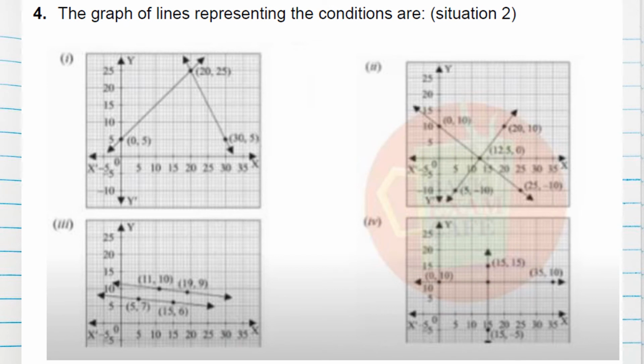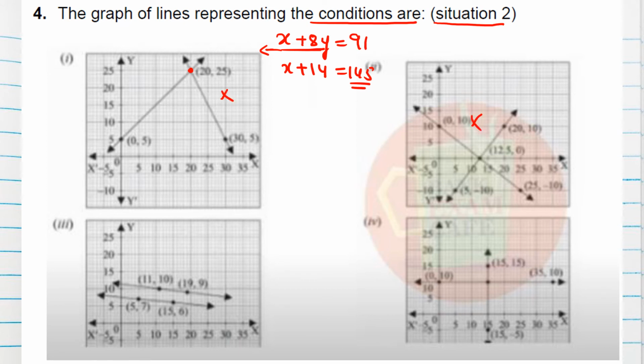Question number 4. Graph of lines representing the conditions are... Here in brackets, situation 2 is written. But in situation 2, if you observe, x plus 8y equals 91 and x plus 14y equals 145 are given. If we verify the given solutions by using these equations, we won't get any of these lines. We can check here 0 comma 5.